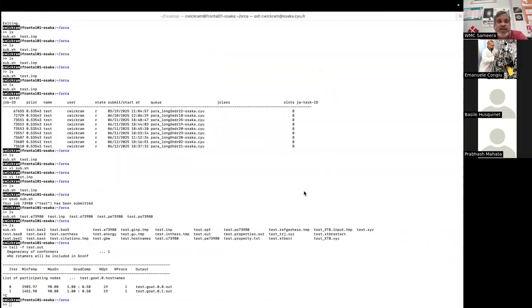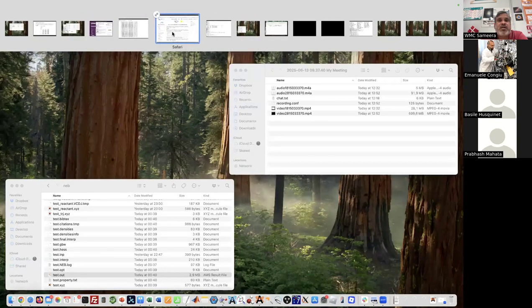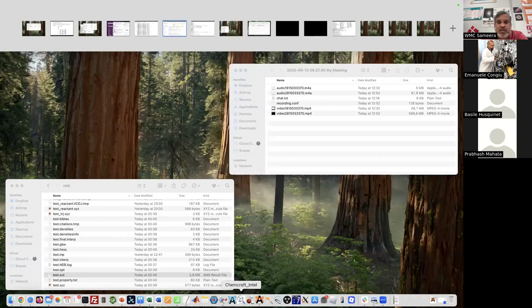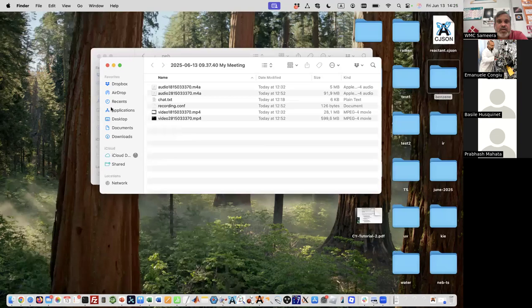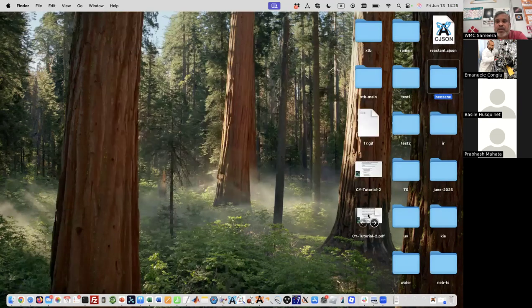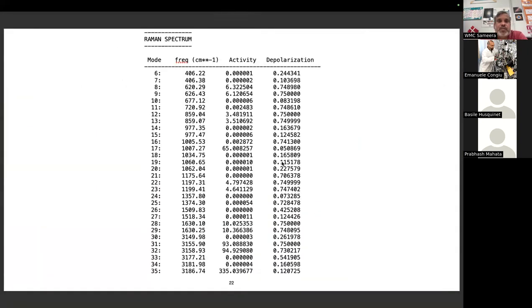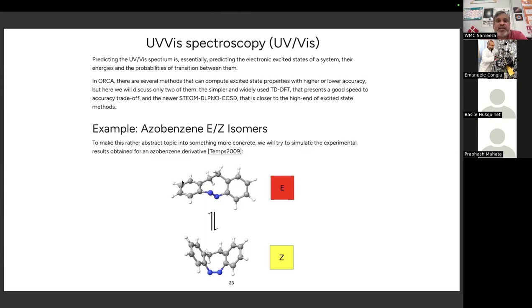Our objective here, let me find my presentation. Yeah, okay. So we will get the Raman spectrum, and I will come back to this after the calculation. And here you can see an example.